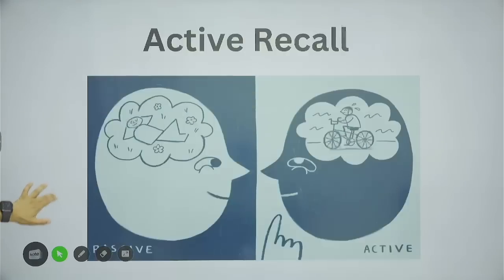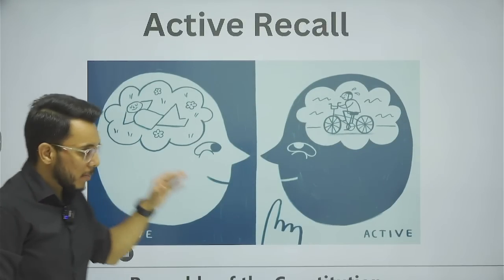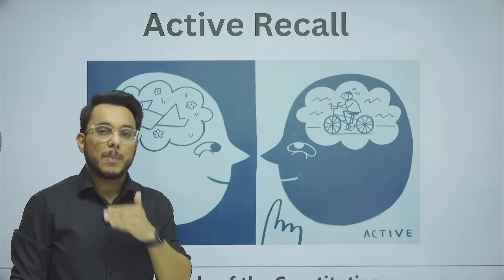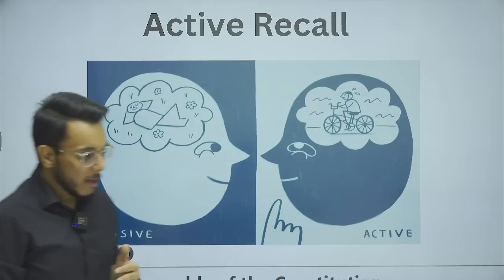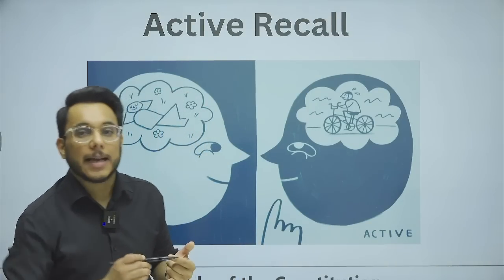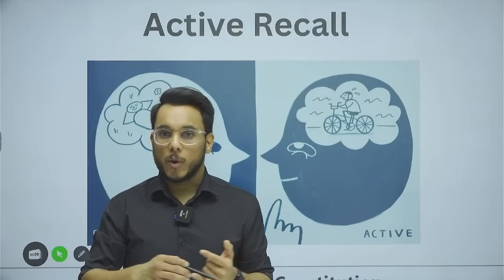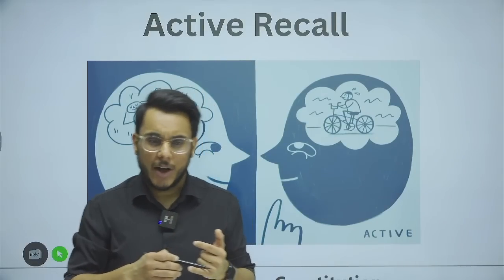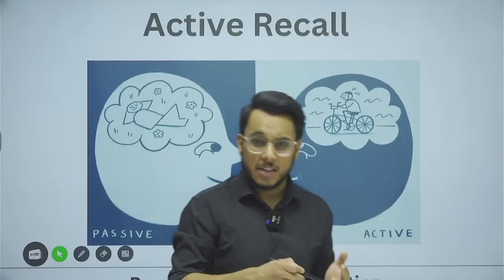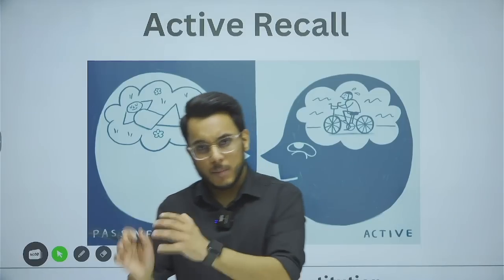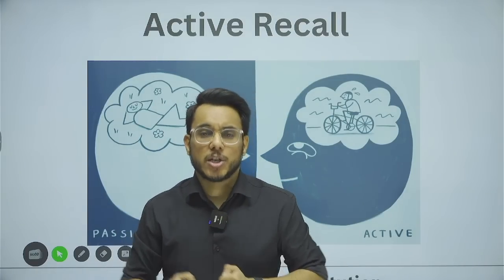The next thing is that please start using active recall. Now what do we mean by active recall? Often there are times when you are not actually reading, you are traveling, or you are doing some menial tasks which don't need a lot of intellectual labor, for example, washing your clothes.